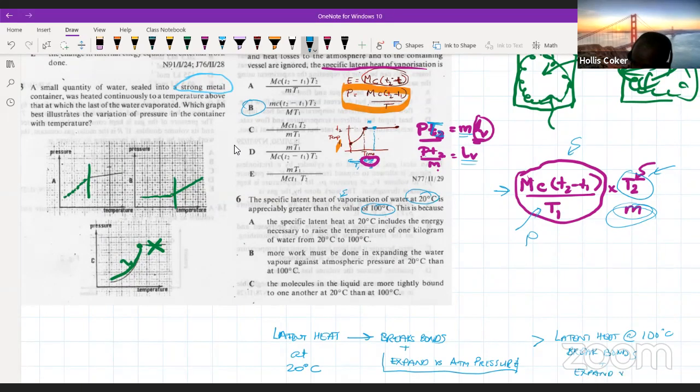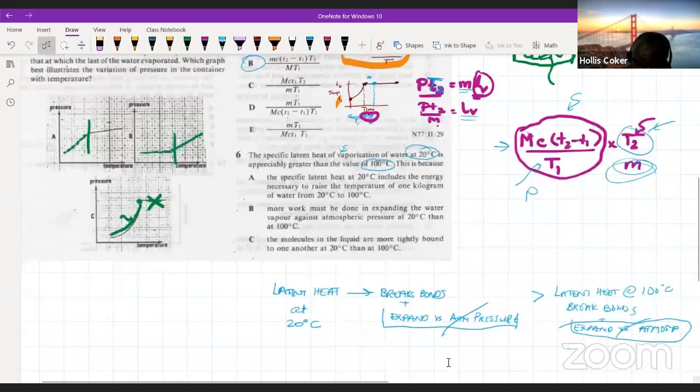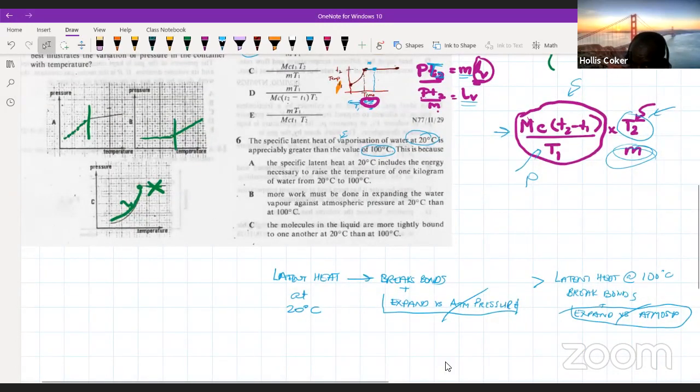So what's the difference? Atmospheric pressure is constant in both cases, so the energy to do this is the same. Then the energy to break bonds is where the difference must be. So let's get the answers. A, the specific latent heat at 20 degrees Celsius includes the energy necessary to raise the temperature of 1 kilogram of water from 20 to 100 degrees Celsius.